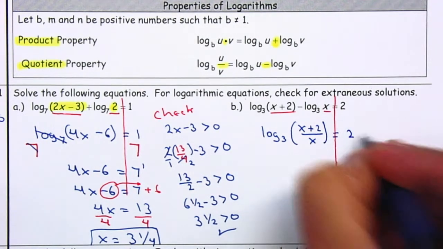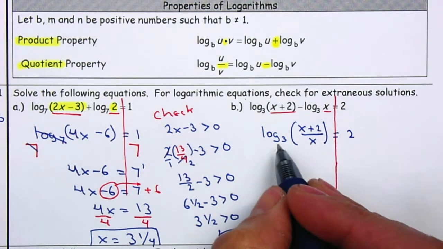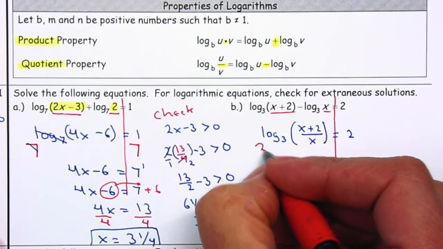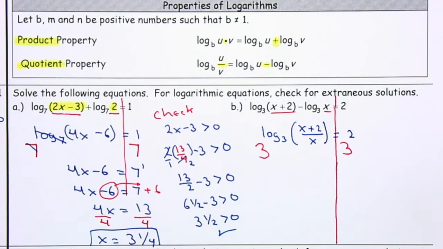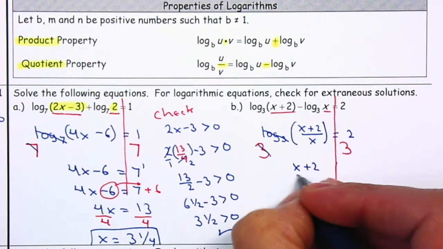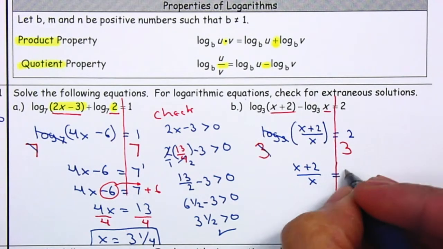And that's going to be equal to 2. Now I want to get rid of the log. The inverse of a log is a base. We're going to exponentiate both sides with base 3. That will cancel. So I have x plus 2 over x is equal to 3 to the second power, which will be 9.